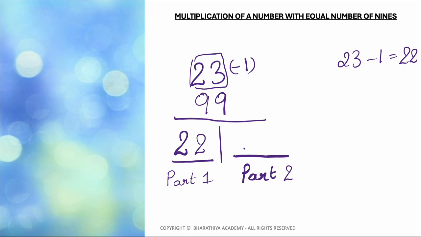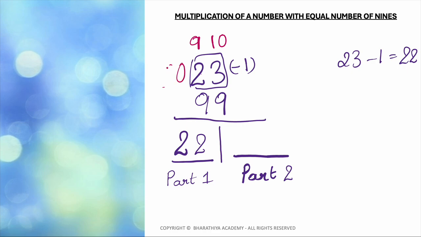After this, to get to part 2 of the answer, we will have to write 10 on top of the units digit of the number and 9 on top of the other digits. So there is just one digit before 3, right? So we wrote only one. Let's say if there were more numbers here, we would write 9 on top of those digits also.